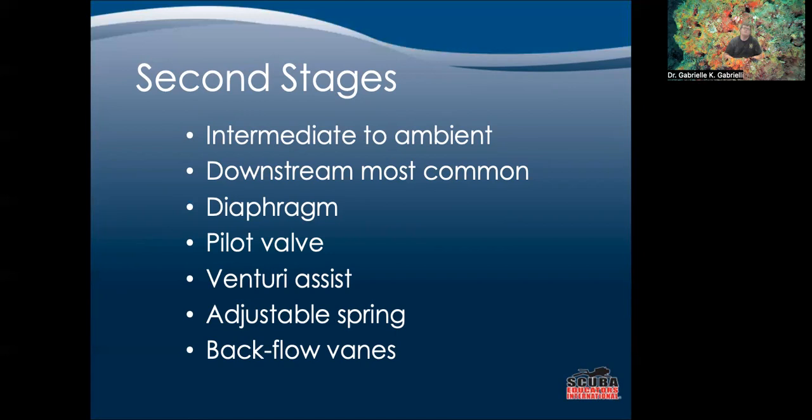Adjustable spring. See, for a second stage, it's not really a spring. There is only one spring typically in the second stage, and that is for the lever. But it's kind of adjustable, but you're not actually adjusting the spring. You're adjusting the orifice and how the seat is pressed against it.